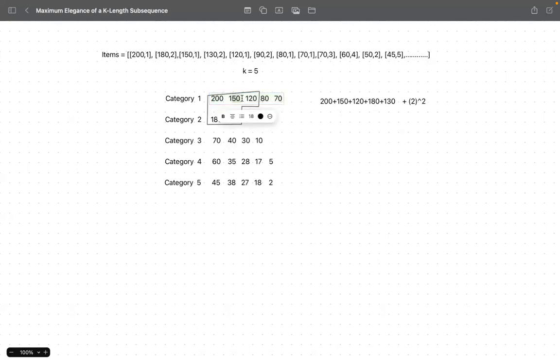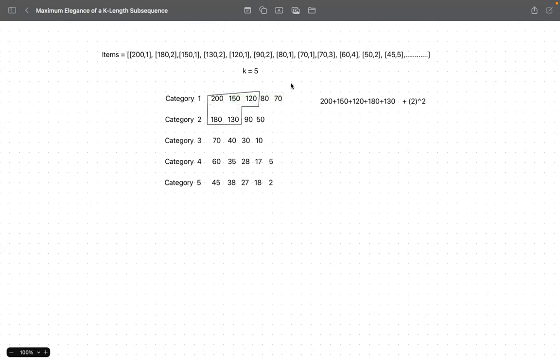So 130 is a duplicate here, since one item from its category has already been used. I'll store all these duplicates.